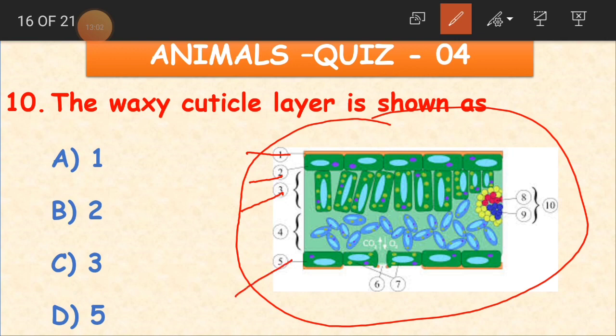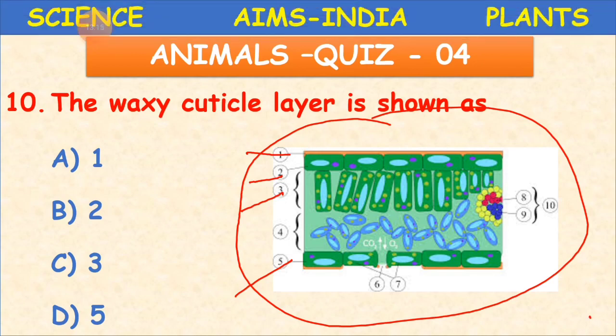How is the waxy cuticle layer shown in this diagram? We'll go to answer A. Suppose this is the leaf, this outer layer is the cuticle layer. The waxy cover, that is the cuticle layer.